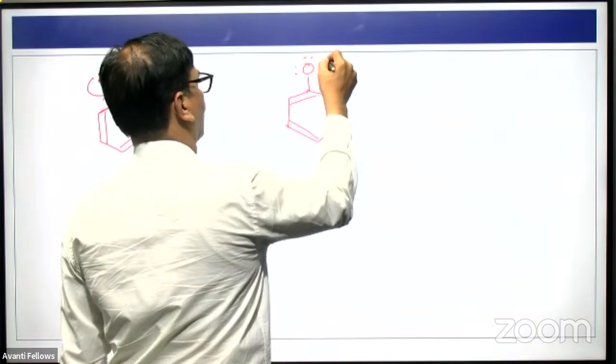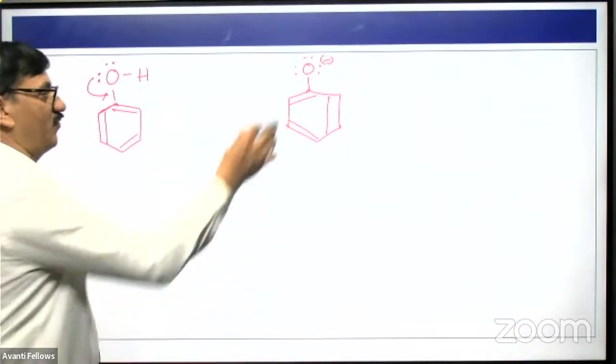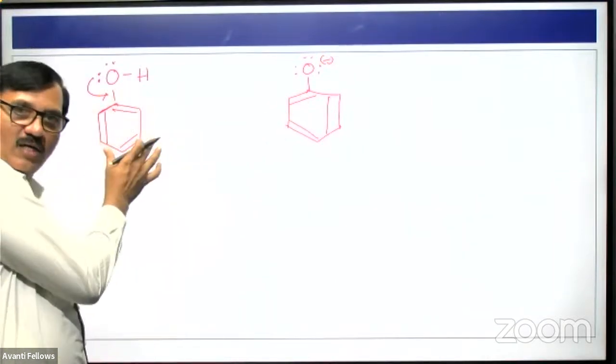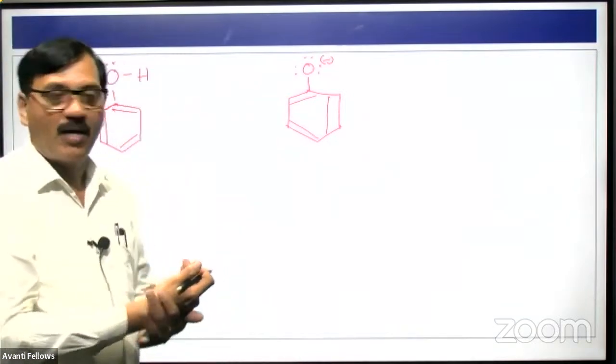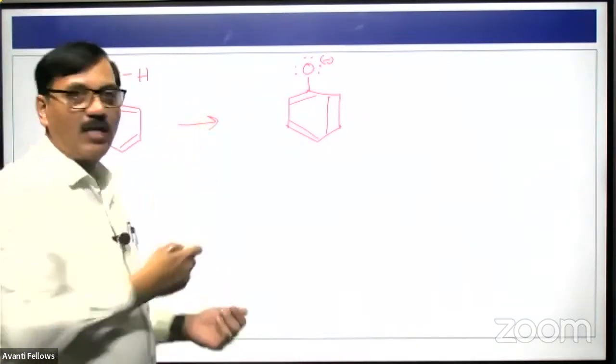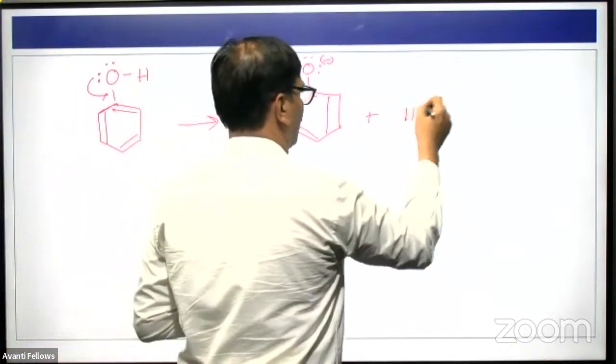While writing the phenoxide ion, the negative sign comes on oxygen. This is phenoxide ion. This is phenol. This is a neutral compound. So this is the one intermediate that is obtained after deprotonation, after it gives the H plus ion.